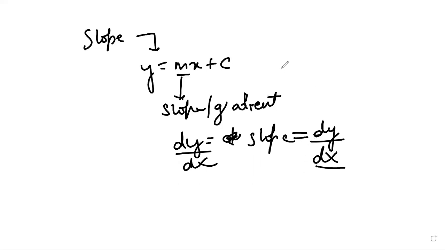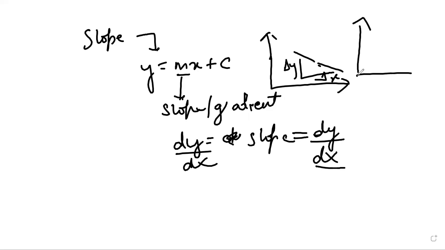Now, if you want to depict it graphically, we have already said how we calculate the slope of any curve or any line. For a line, it's simply delta y by delta x. Now, when we are trying to find out the slope of a curve, what is the way?